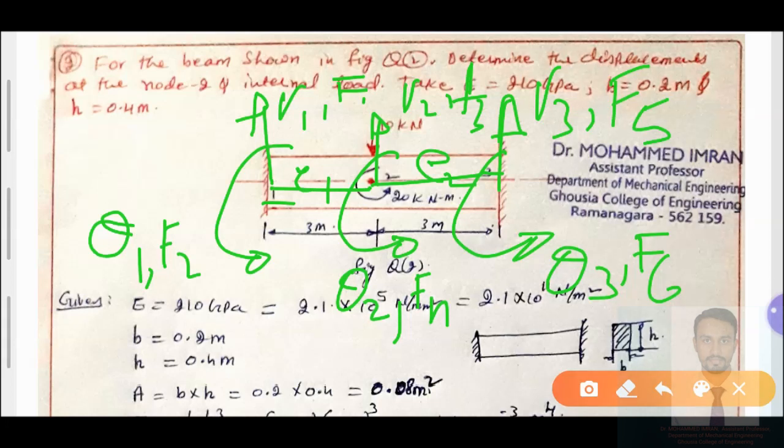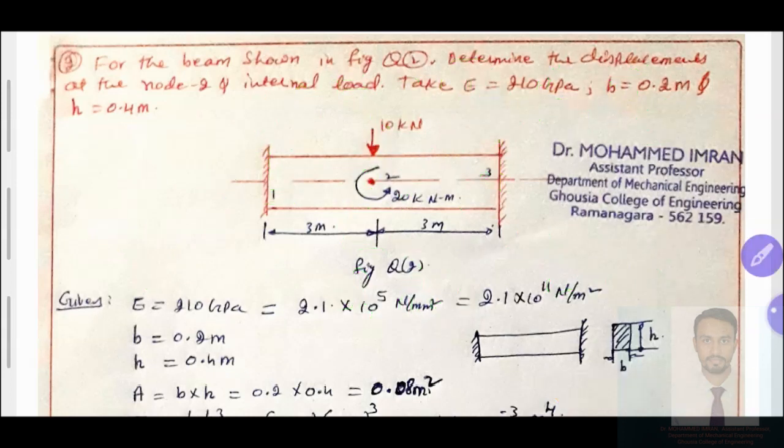Now the given forces are F3 and F4. F3 is a transverse, concentrated point load. F4 is a moment about node number 2. Only these two values are given.